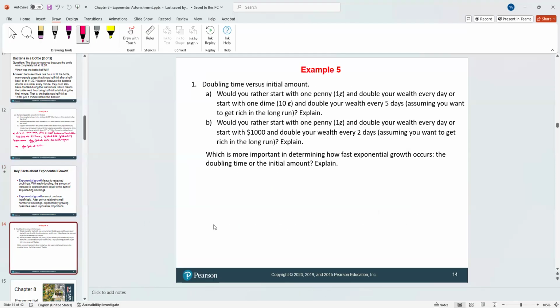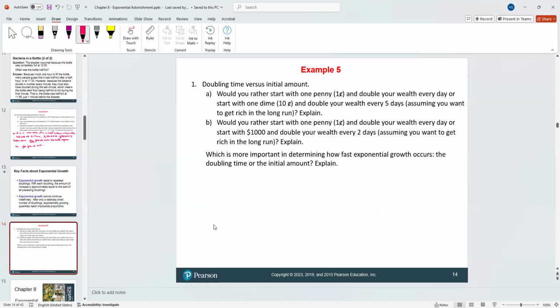If we talk about doubling times versus initial amount, that's another type of example we can try to understand.